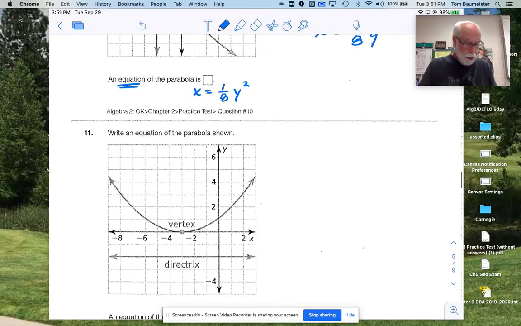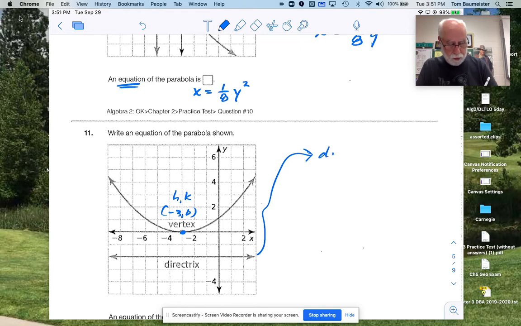All right, number 11 is, again, we have a vertex. Remember, our vertex here is -3 and 0. Now this time it's not at the origin, so we have to remember a couple of things. But this is our h and this is our k. All right? So remember, again, for some reason we got stuck with both of them as a directrix.